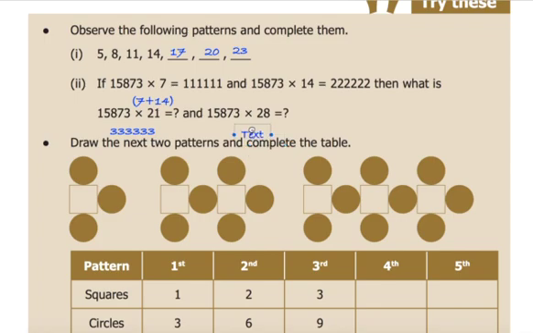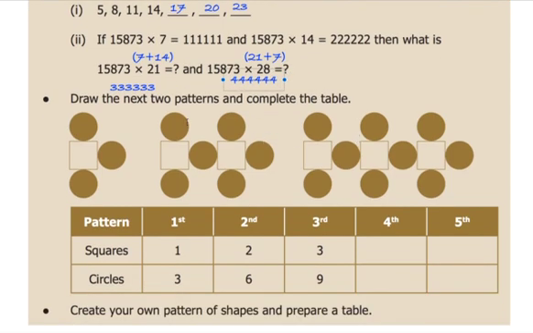What about this? 28 will be written as 21 plus 7, again the distributive law. This into 21 is all threes, this into 7 is all ones, so the answer will be all fours, 6 fours. You got it. This one will be the answer. Draw the next two patterns and complete the table.